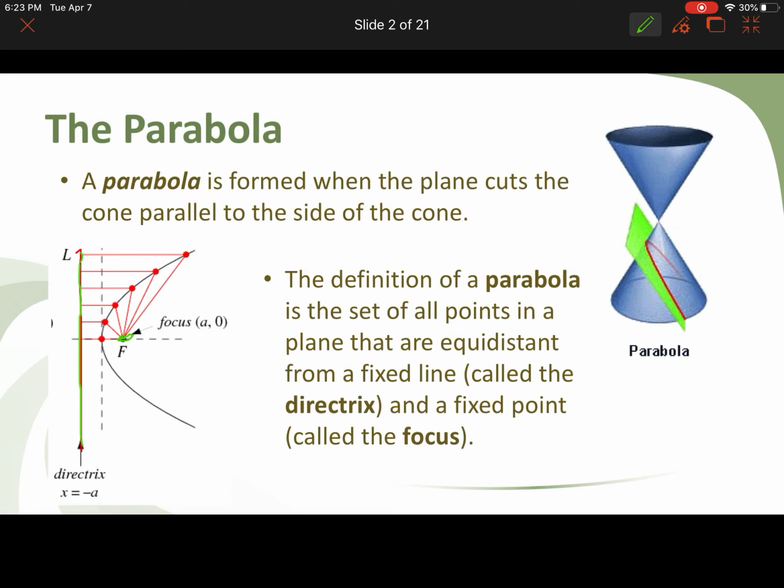And you see that this distance is the same as this. The perpendicular distance from the line, that's how we measure distance to a line, is the same as the distance to that focus. So if we look at this point right here, it's on the parabola because this distance to the focus is the same as this distance to the line.